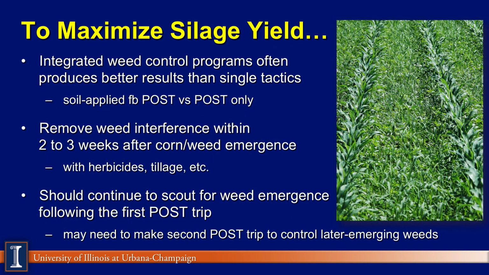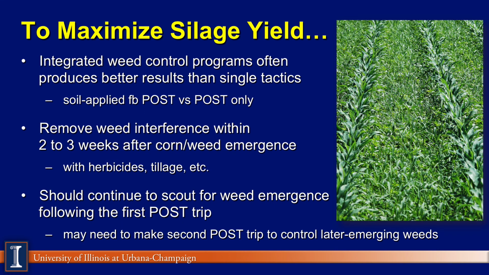And really, to maximize silage yield, an integrated weed control program often gives better yield potential than any one single tactic by itself. Now, remember we talked a little bit about the post-applied herbicides. We have some very good post-applied herbicides that can be used in silage corn, but rarely do we see post-only type programs.